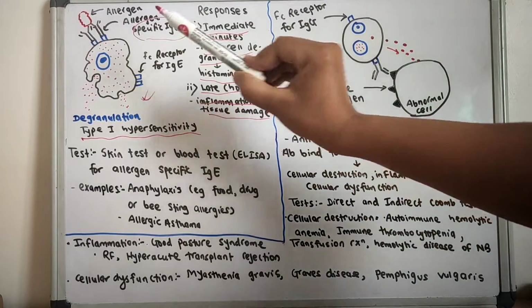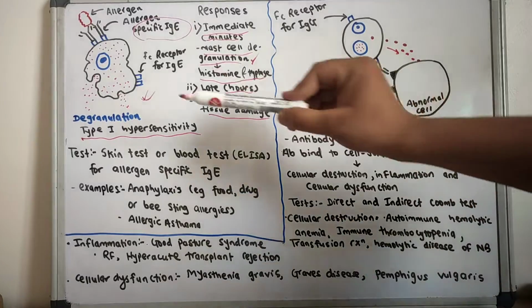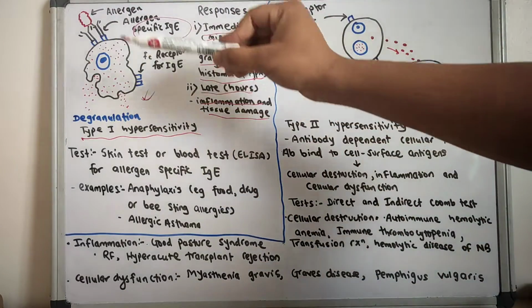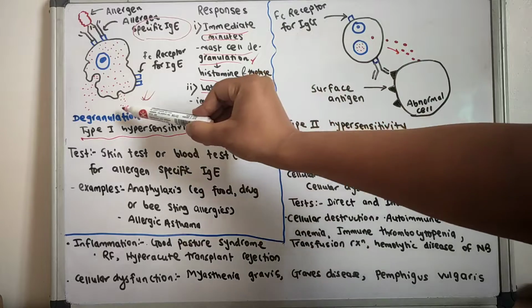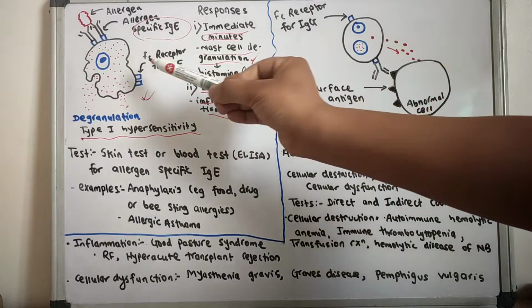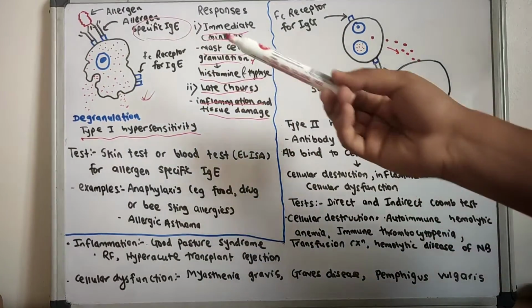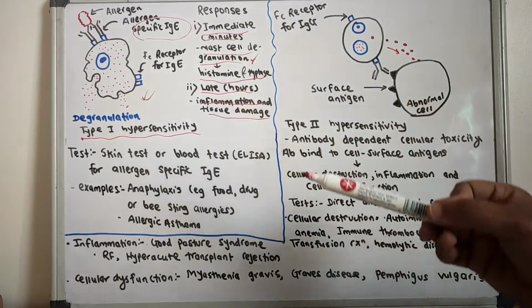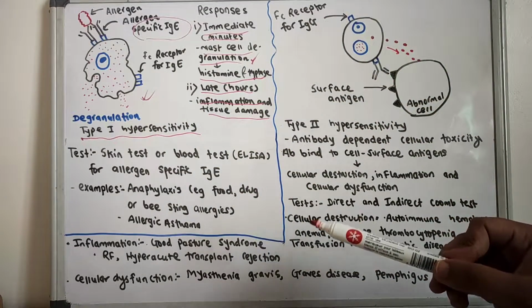So it is the sensitized mast cell. When the sensitized mast cell encounters the allergen, degranulation occurs. The granules present inside the mast cell come out of the mast cell. This process is known as degranulation.